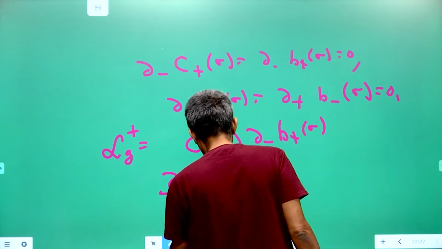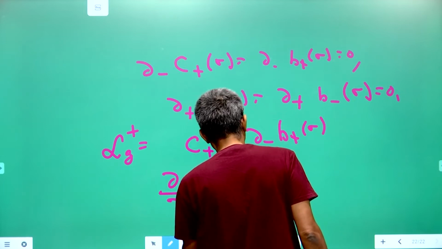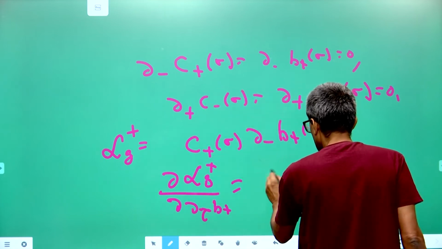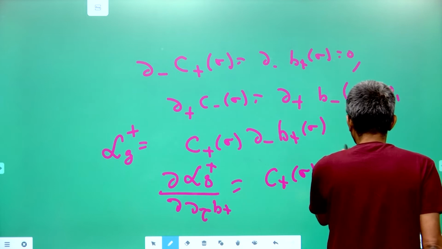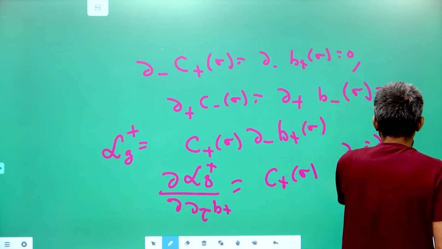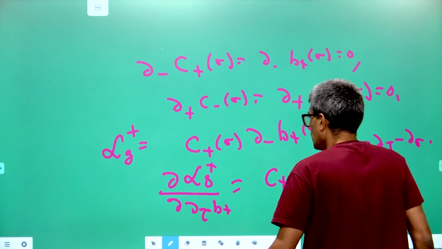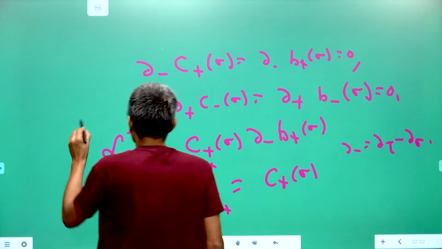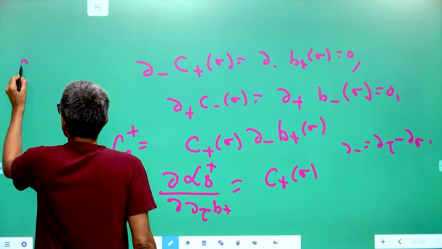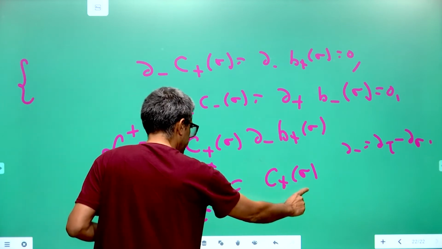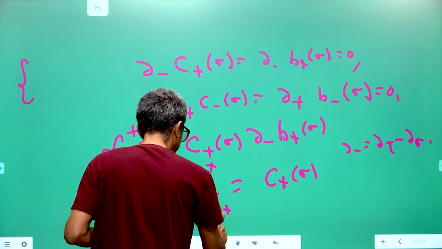Dou Lg plus by dou tau B plus, that is the momentum, which is equal to C plus sigma, because dou minus is nothing but dou tau minus dou sigma. So, differentiating with respect to dou tau will give you this. So, what are the canonical anti-commutation relations? C plus sigma is the canonical momentum field corresponding to the position field B plus.